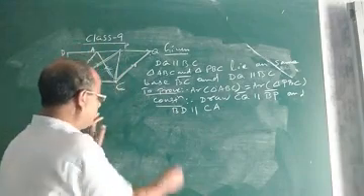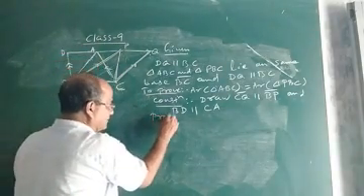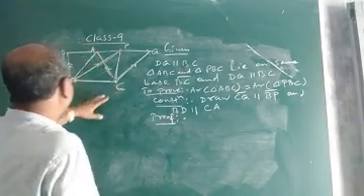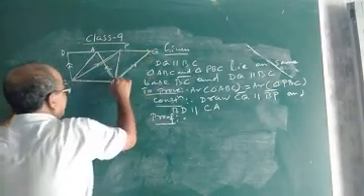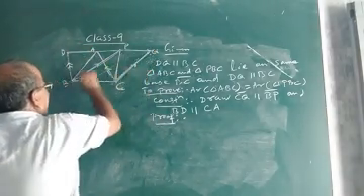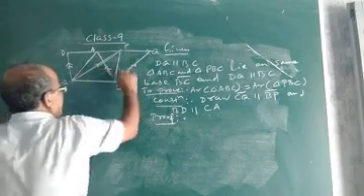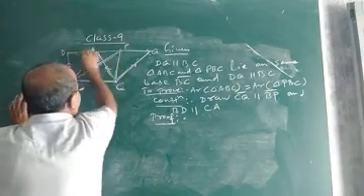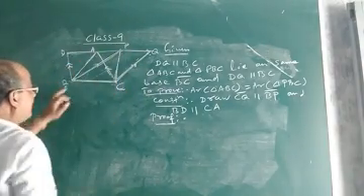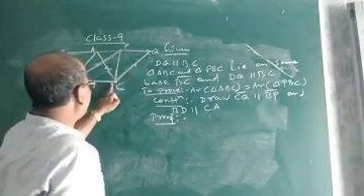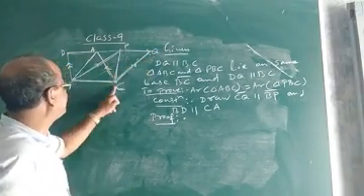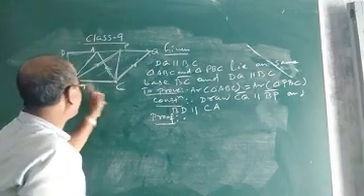Okay. So now let us come to the proof part. The proof is very simple, children. As CQ is parallel to BP by construction. Now it is already given that DQ and BC are parallel. If DQ is parallel to BC, then definitely PQ is parallel to BC.